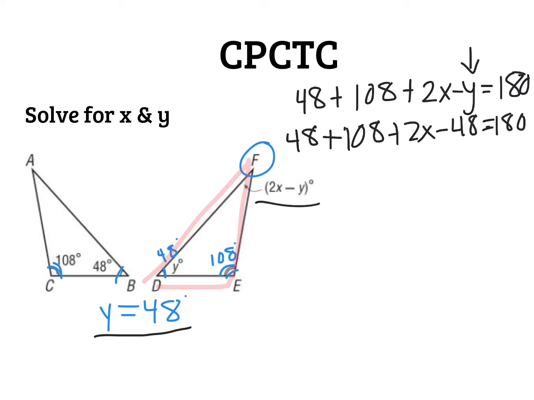Now, as I start combining like terms, I'm going to combine this one and this one. I'm going to be left with 108 degrees. So I have 2x plus 108 equals 180. Now I can solve for x. I can subtract 108 on both sides.